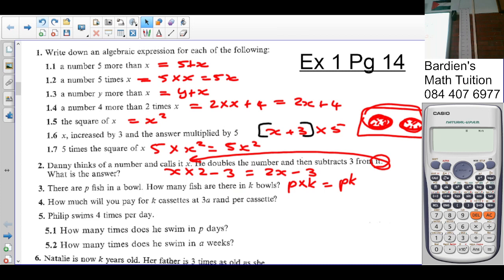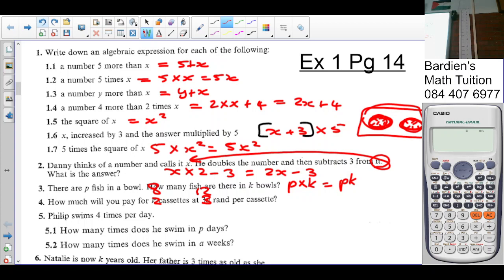Okay. So the question is, how much will you pay for X cassettes at 3A rands per cassette? So if it was 2 cassettes at 3 rand a cassette, then how much will you pay? 6 rand. It's 3 times 2. If it was 8 cassettes at 12 rand a cassette, it's going to give you 96 rand.